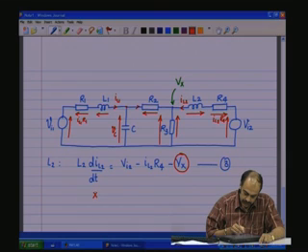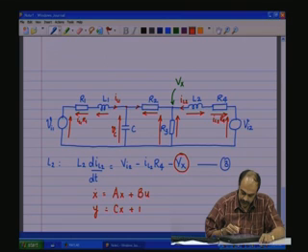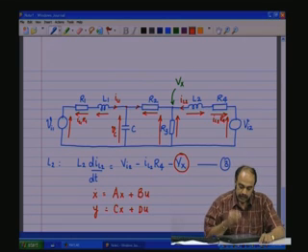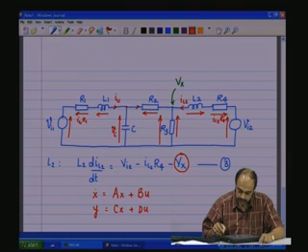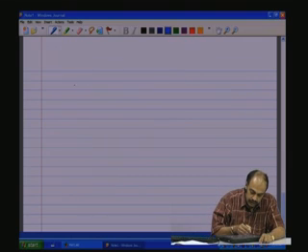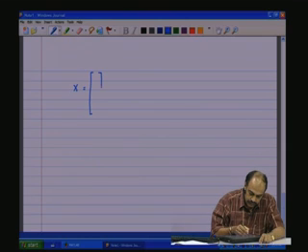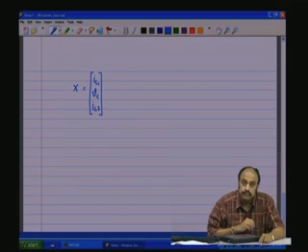of x dot, which is equal to Ax plus Bu, and y, which is equal to Cx plus Du. In this case, x is the state vector which is IL1, Vc, IL2. This is the state vector.